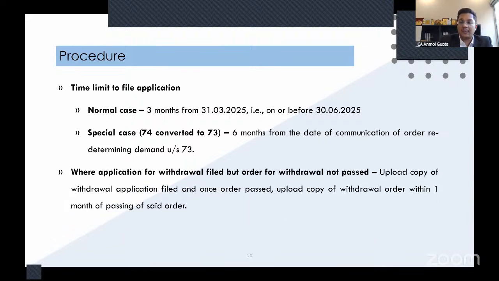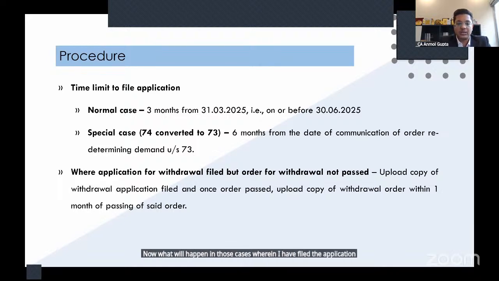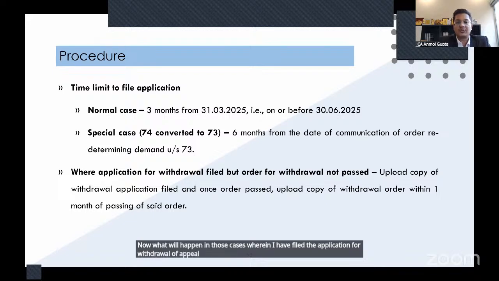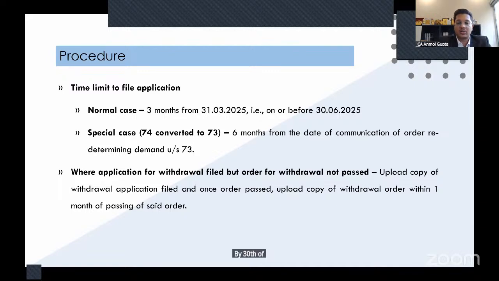Now, what will happen in those cases wherein I have filed the application for withdrawal of appeal by 31st March 2025, but by 30th June 2025, because I have to upload the withdrawal order by 30th June 2025, I have not received any withdrawal order?